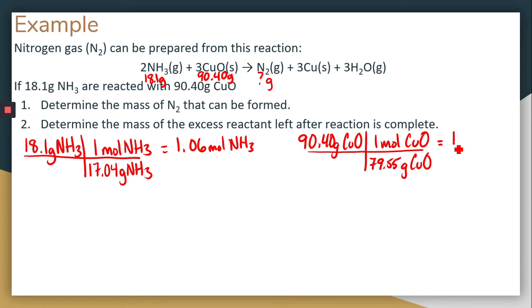Keeping the sig figs, 1.136 moles of CuO.